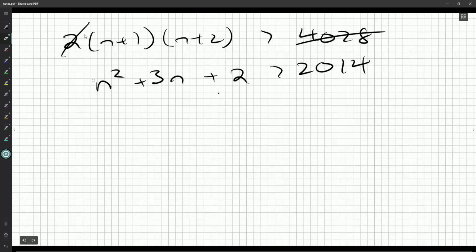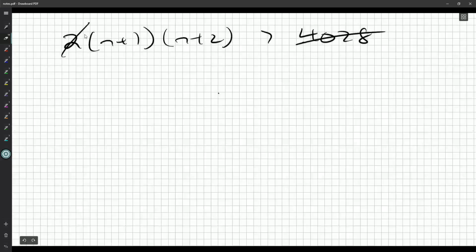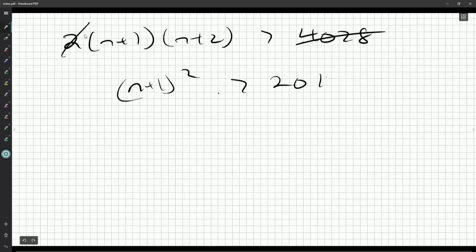Or we could say, well, what do we want? We want the smallest positive integer n, so if we could get close. What's close? Well, n plus 1 squared being greater than 2014 would definitely do it, because we're multiplying by a bigger number than just another n plus 1.